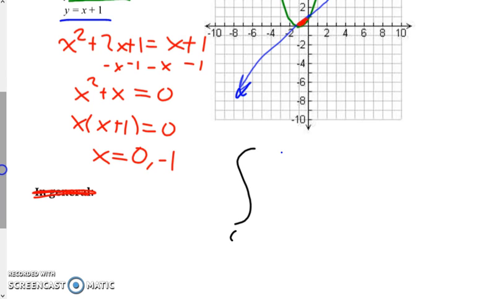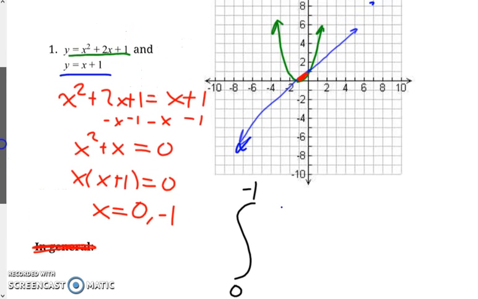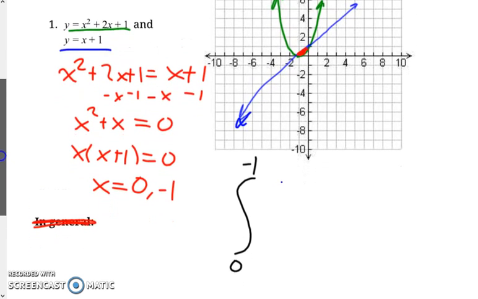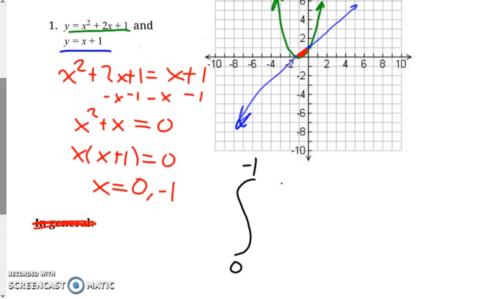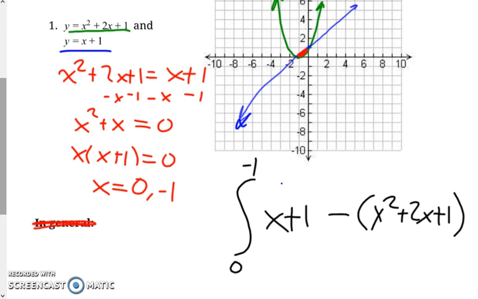Now we know what our limits of integration are going to be for our integral. They're going to be from 0 to negative 1, because that's where we're finding the area between x equals 0 and negative 1. And we just want it between those curves, so we're going to do our top minus our bottom. In this case, the line is on top, minus, in parentheses, the parabola, because the parabola is on bottom.